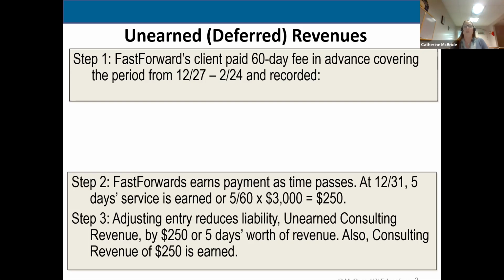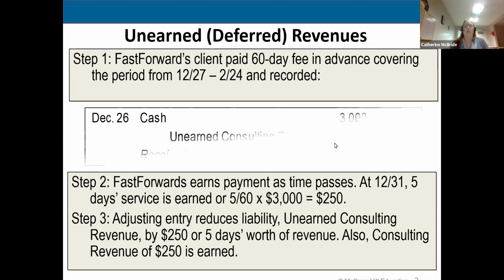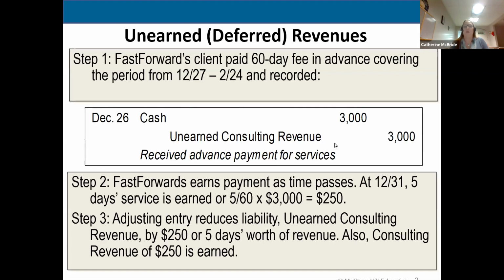When we received the money, we recorded cash, $3,000, and unearned consulting revenue, $3,000. So on our balance sheet now, cash increased, and we have a liability, the unearned consulting revenue, for $3,000. And that $3,000 we're going to earn day by day between 12/27 and 2/24.